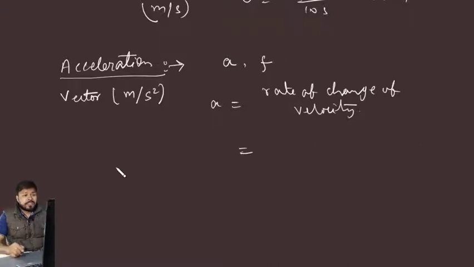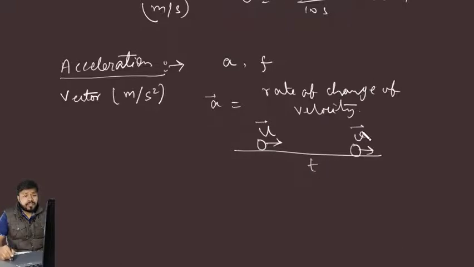Let's say a particle was moving with initial velocity u. It's a vector quantity. Initial velocity u, and after time t, the velocity of the particle was v.